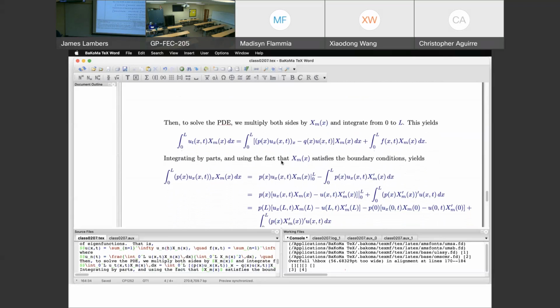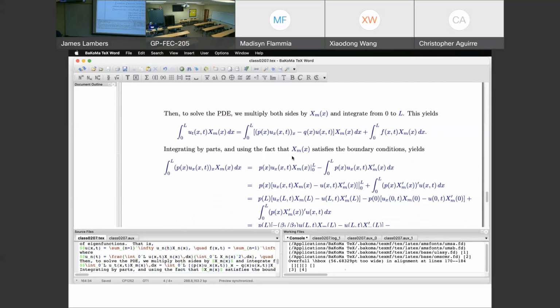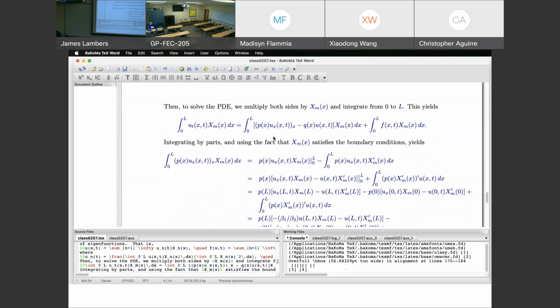The way I can get that is using integration by parts on this part right here, only this part. And that's what I do down here.